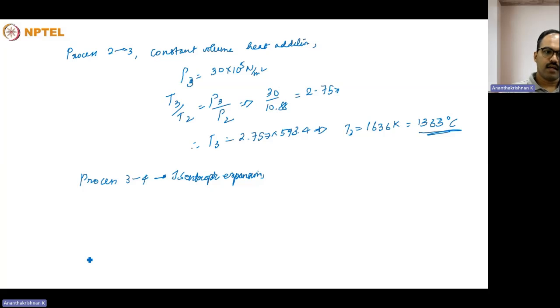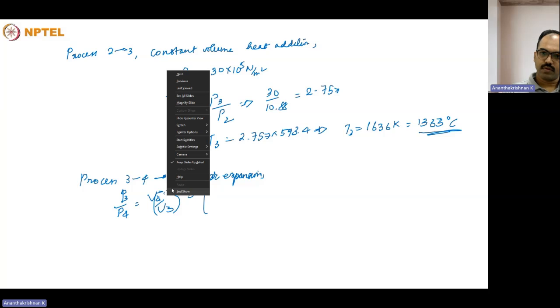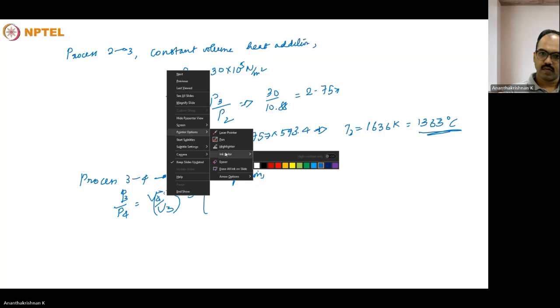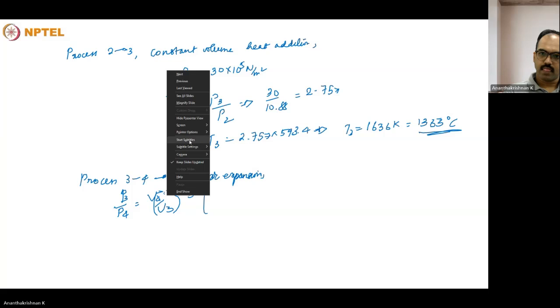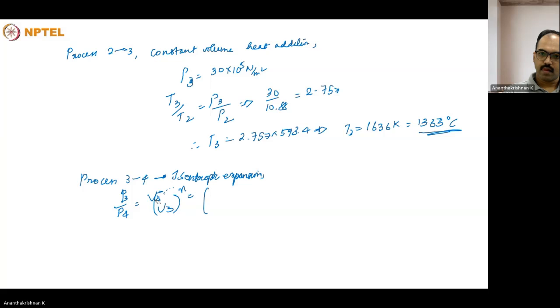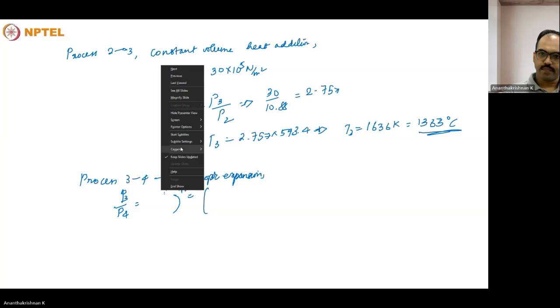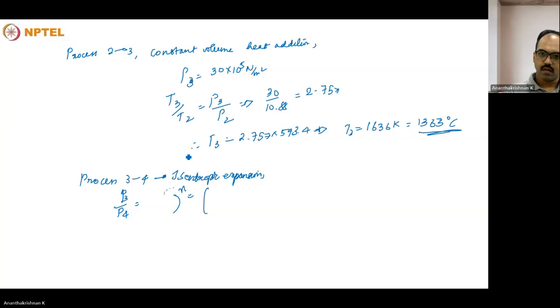Just like process 1 to 2, P3 by P4 will be equal to V4 by V3 raised to gamma, which is the same as V1 by V2 raised to gamma.